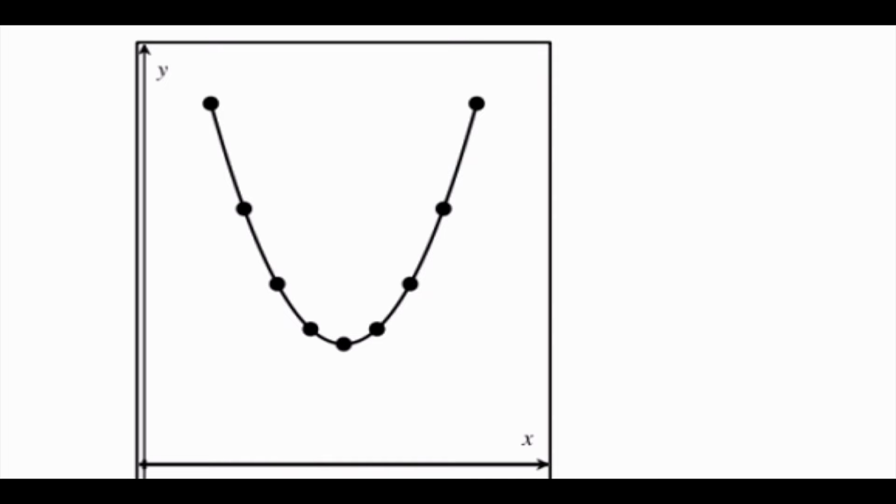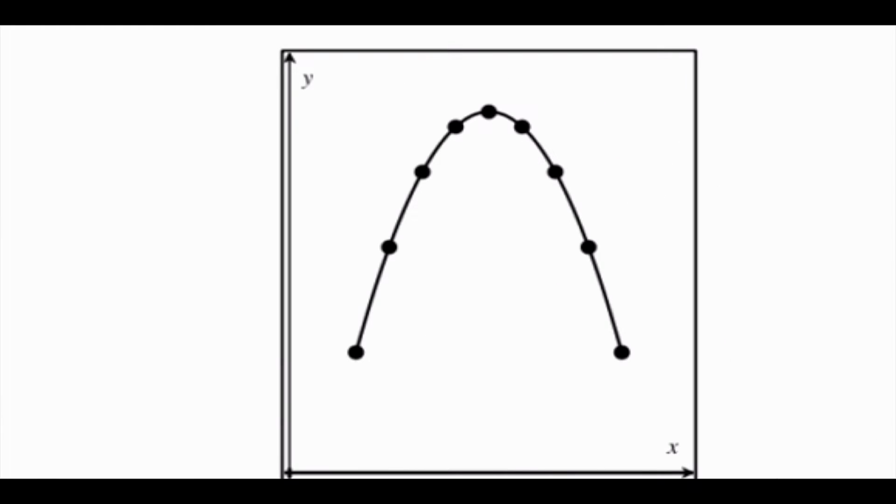Something that's concave up isn't going to have a maximum. If it's concave up, it's going to produce at least a minimum. It's never going to produce a maximum. If you want to produce a maximum, you have to be concave down.